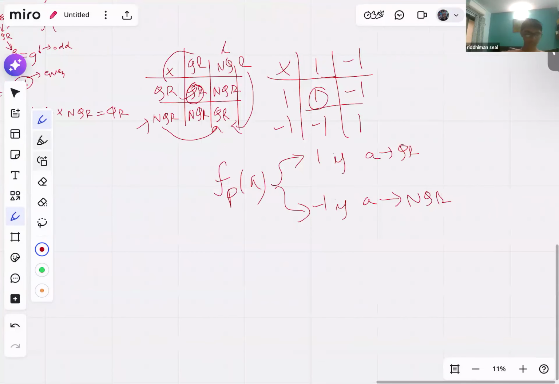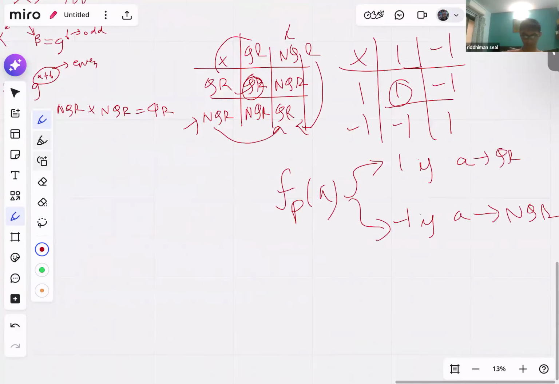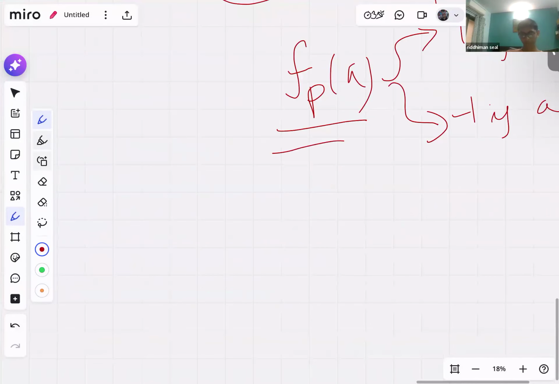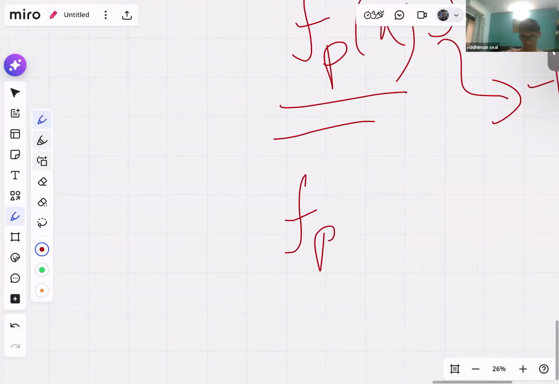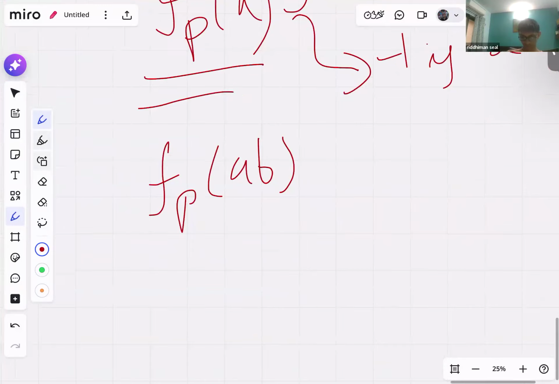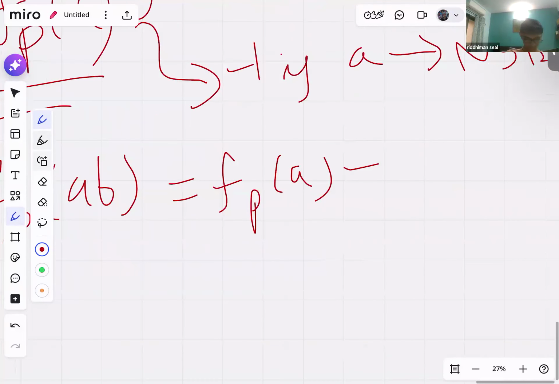Right. And the whole idea is that this function f is multiplicative: f_p of AB is f_p of A into f_p of B.